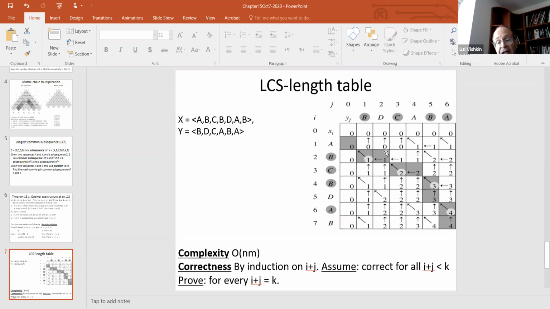So instead of that, you advance in all directions, you fill all the values, and when you reach the value of interest, in this case the full comparison of X and Y, which means the whole thing of X and the full Y, at this point you draw the value, which in this case was 4, the length of the longest subsequence, from these 3 entries: above, to the left, and upper left.